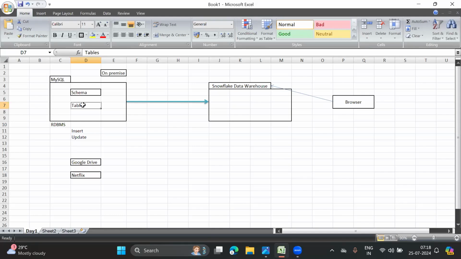So all these things were not possible to handle in MySQL, because as we have seen, as the data increased, as the source systems increased, and again the different formats in which the data is generated. Right now we have data generated in CSV files, in Parquet files, in JSON files. We have a lot of different files in which the data is included.